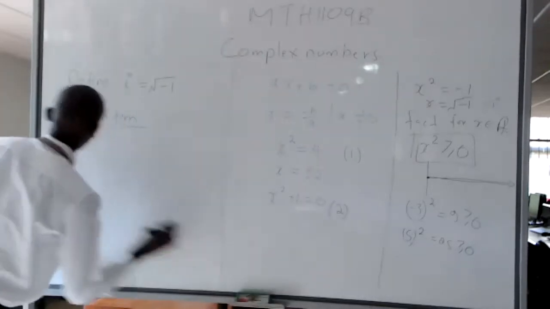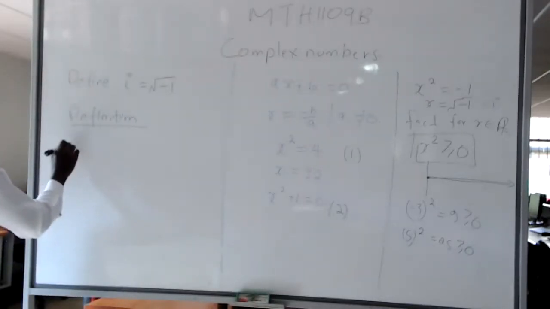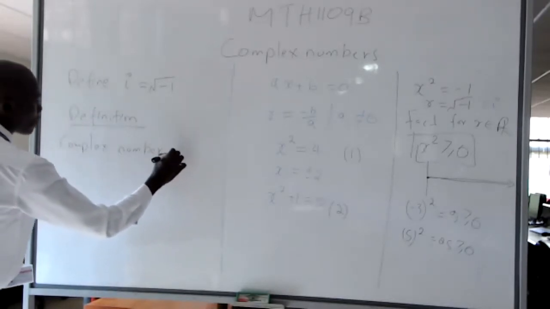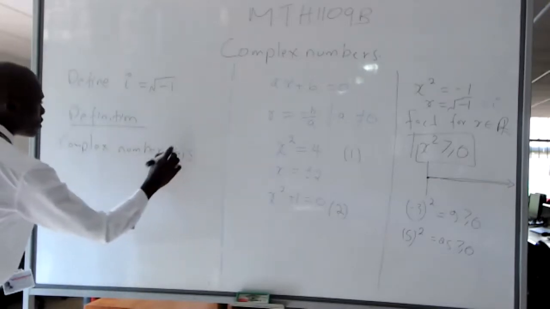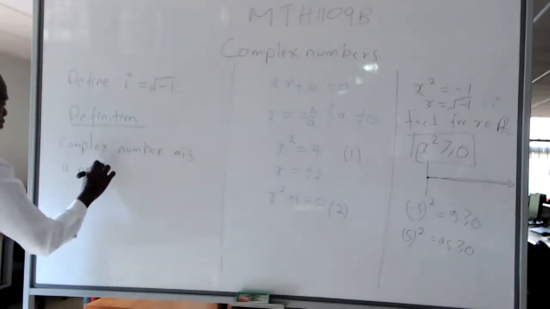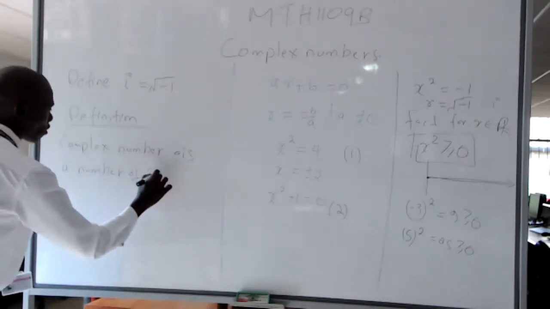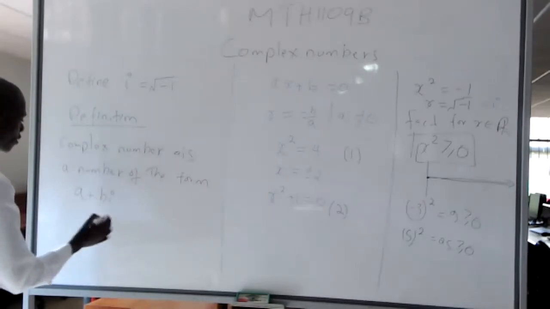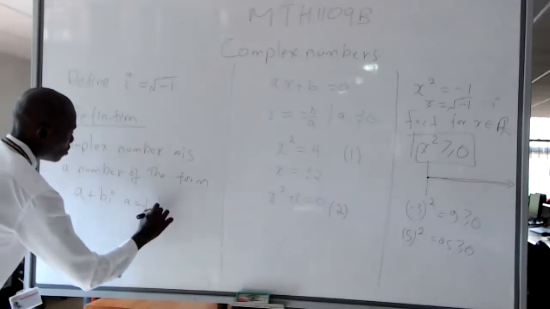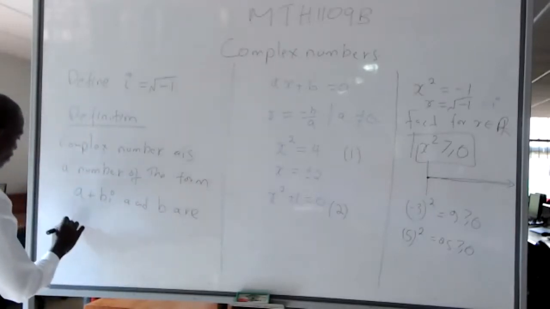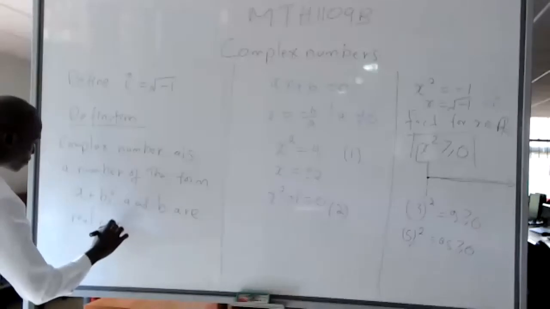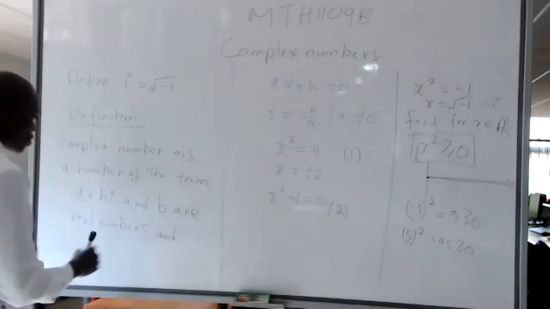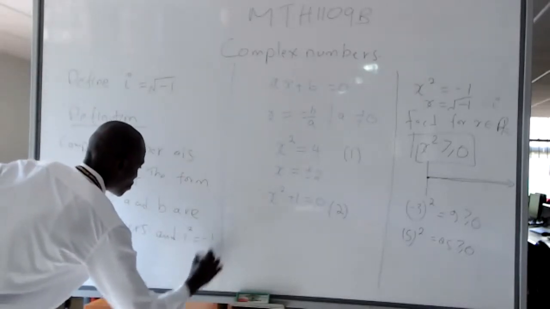So we've just defined a complex number as a number of the form a plus bi, where a and b are real numbers, and there's this condition that i squared is equal to -1.